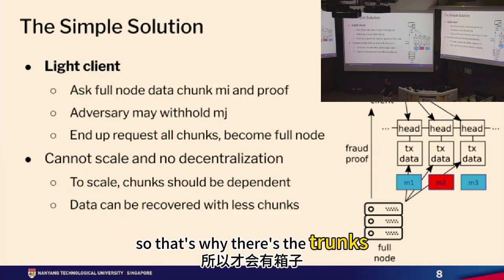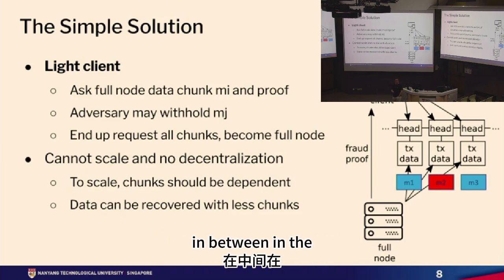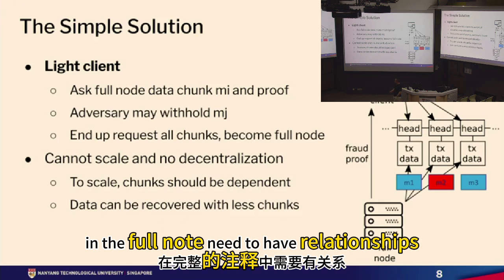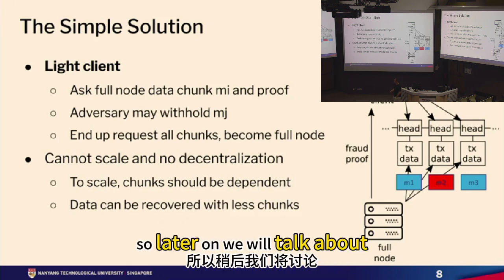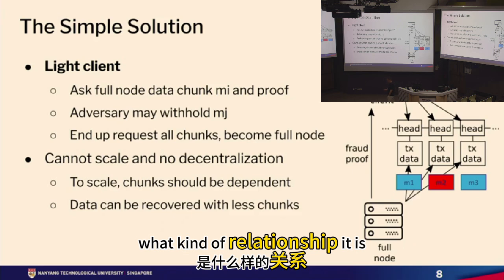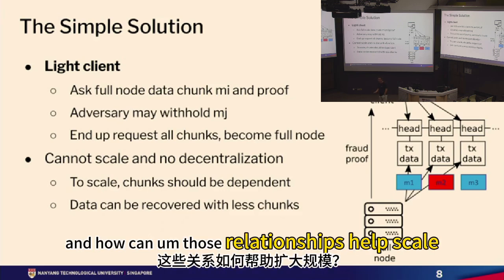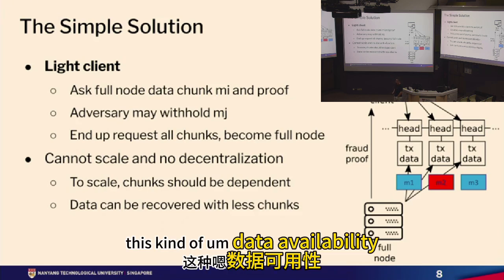That's why the chunks in the full node need to have relationships. Later on we will talk about what kind of relationship it is and how those relationships help scale this kind of data availability.